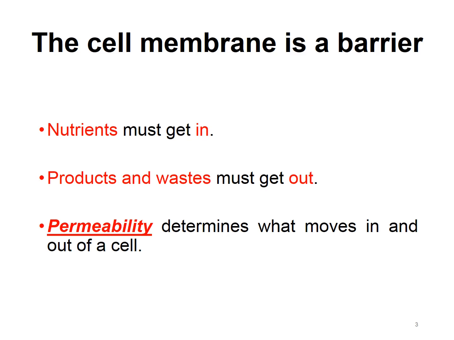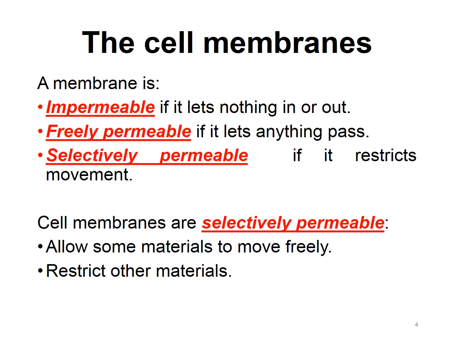We have two options. Actually, we have three options. First, the membrane is impermeable, so nothing will get in and nothing will get out. Or the membrane is freely permeable: everything can get in and anything can get out. Or we have selective permeability.